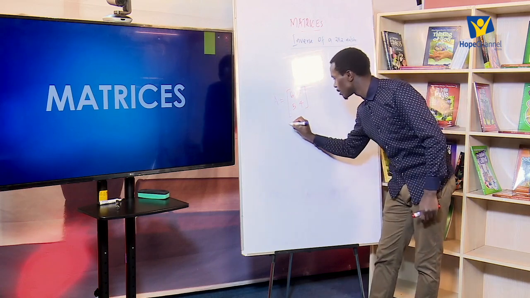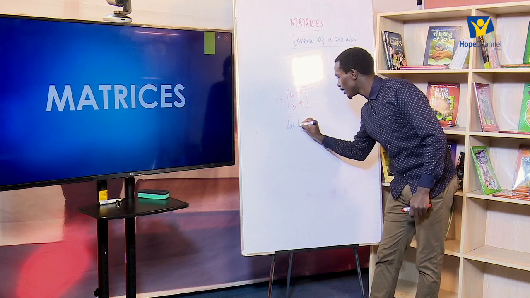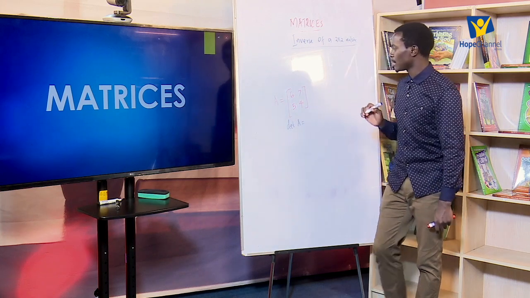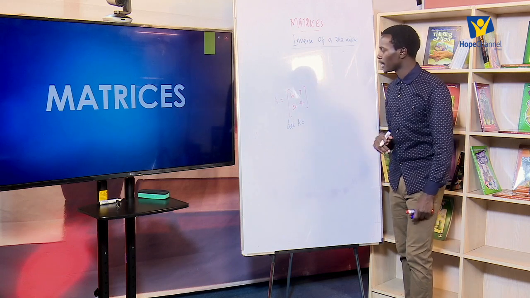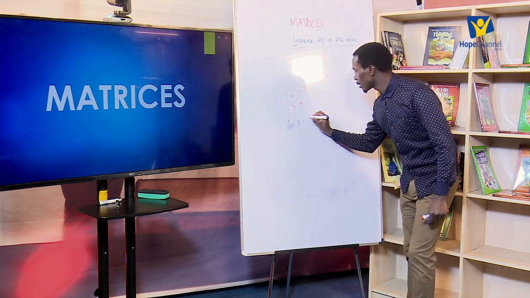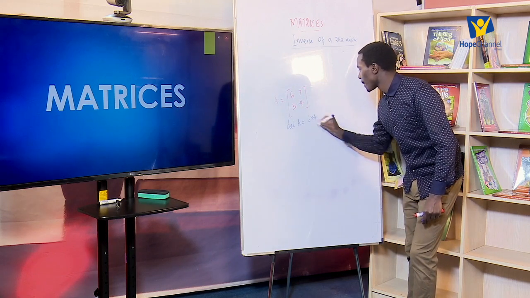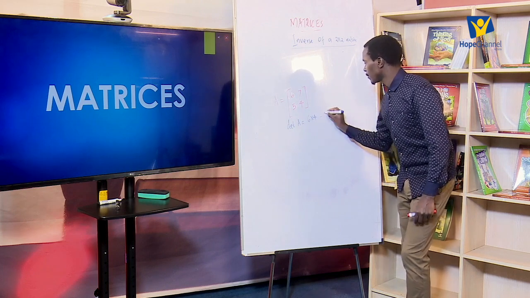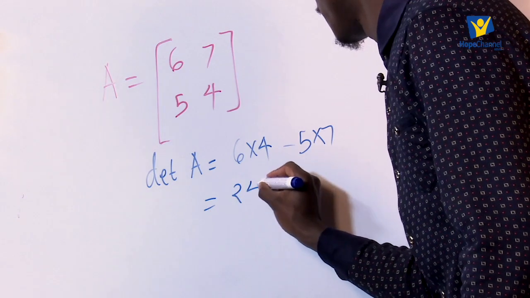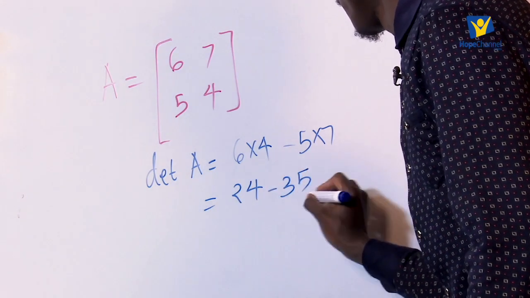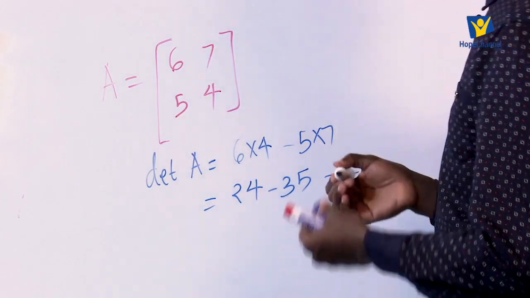So the determinant of A, remember the formula, is the product of the leading diagonal subtract the product of the other diagonal. That will be 6 times 4 subtract 5 times 7.